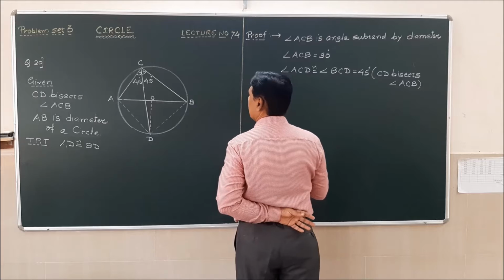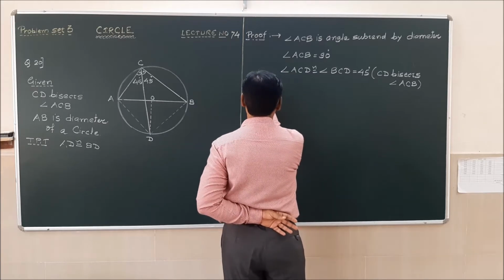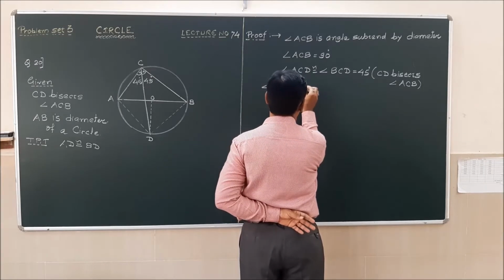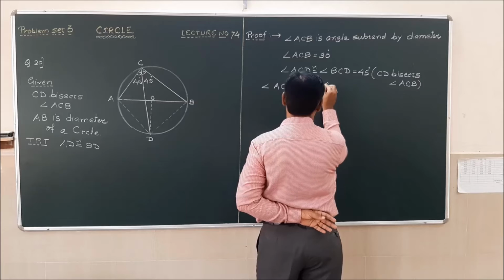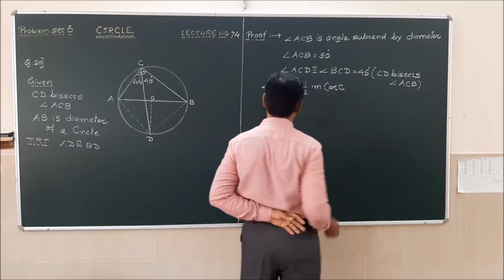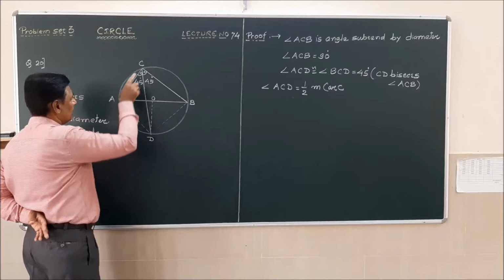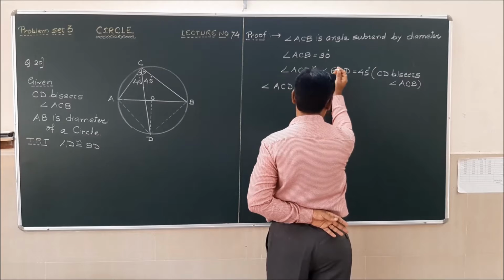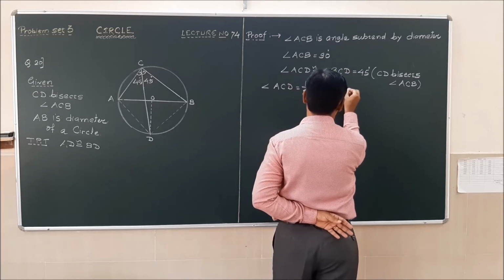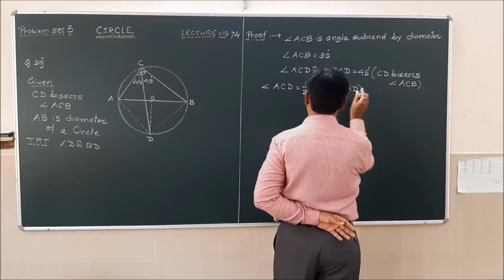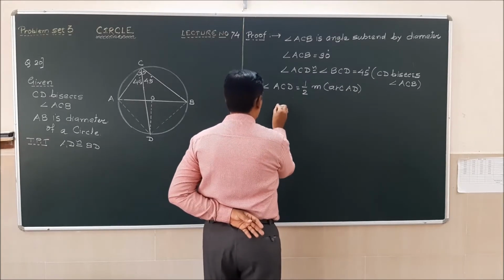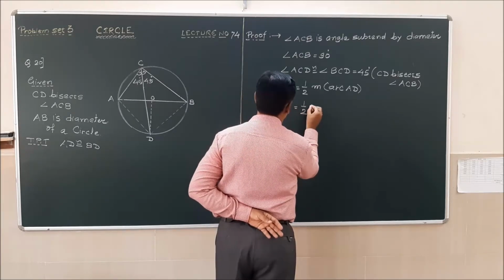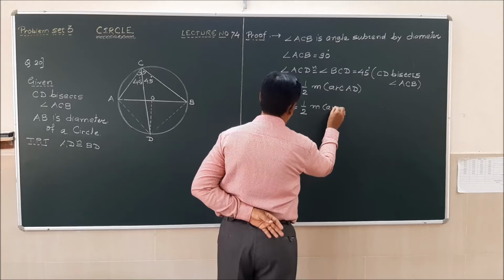So that is what I am going to write now. Angle ACD is equal to half the measure of arc AD. But angle ACD is 45, so 45 is equal to half the measure of AD.